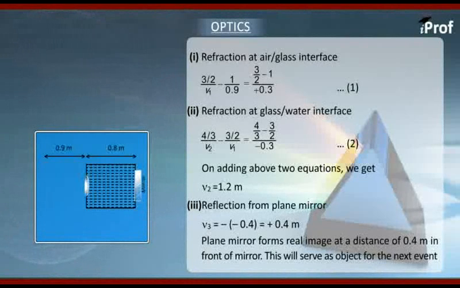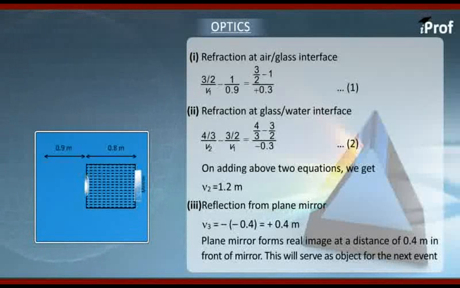Noting the width of the water tank, we find that this image, which is acting as an object for the plane mirror, is at a distance of 40 cm behind the mirror. So from the property of image formation by a plane mirror, we will have the image formed at a distance of 40 cm in front of the mirror.